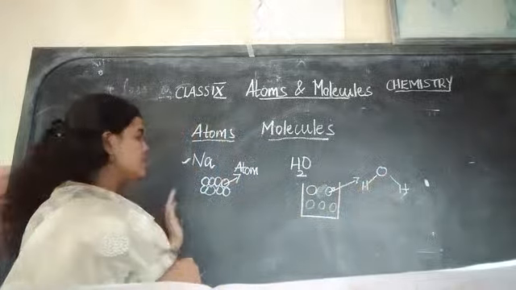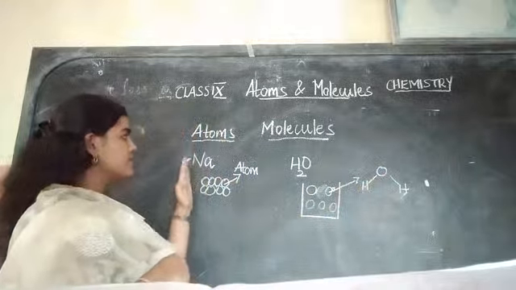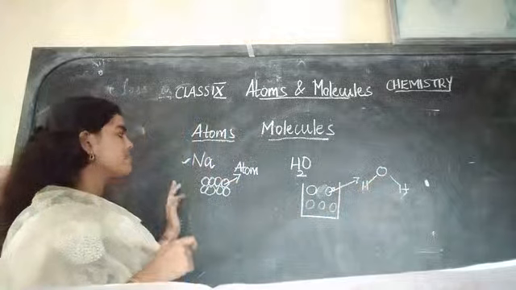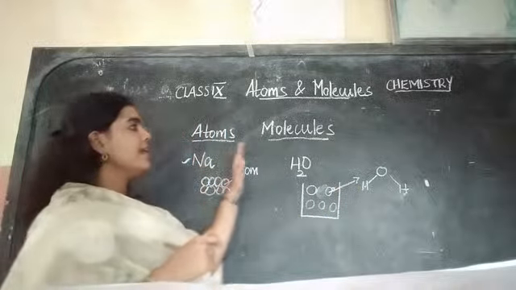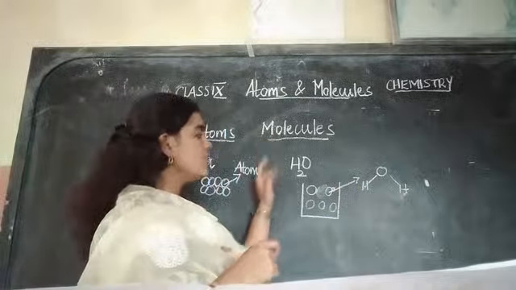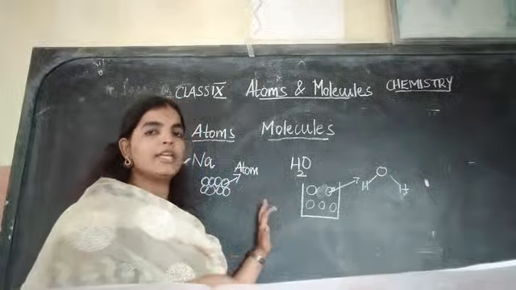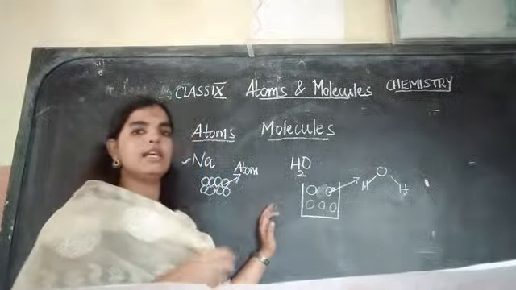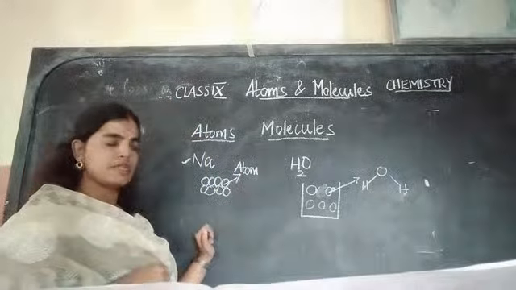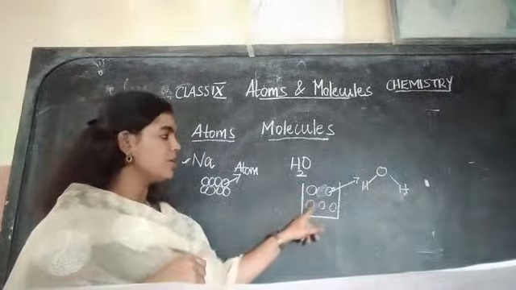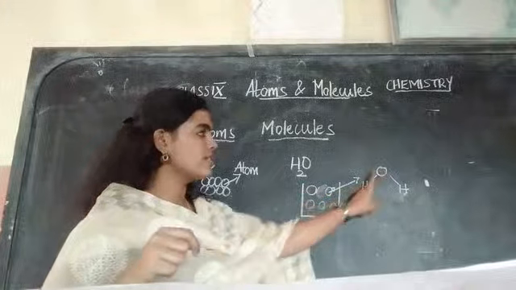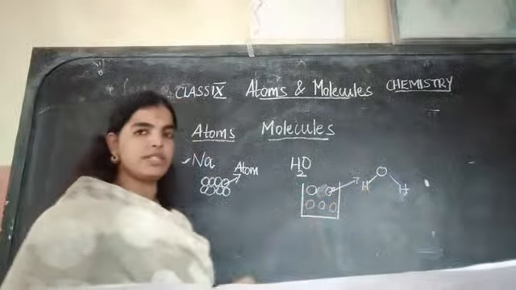Is it clear? In the case of atoms, they are the simplest particle of an element, and a molecule is the smallest particle of a compound. A compound consists of different elements or different atoms. Each water molecule consists of one oxygen and two hydrogen.